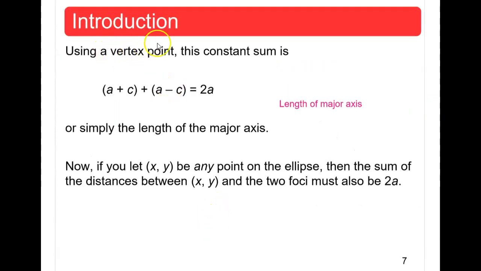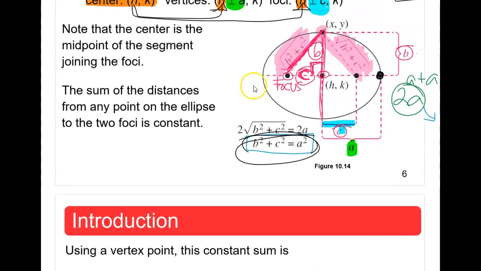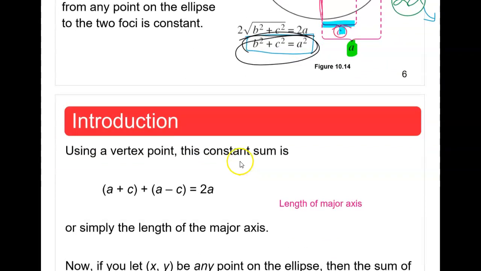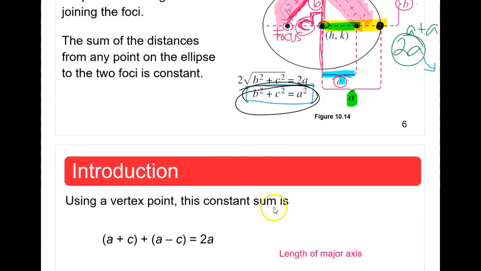So using the vertex point, remember that A is the distance from the center to the vertex, and C is the distance from the center to the focus, to one of them. So if we were to calculate A minus C, it will be this little part here.